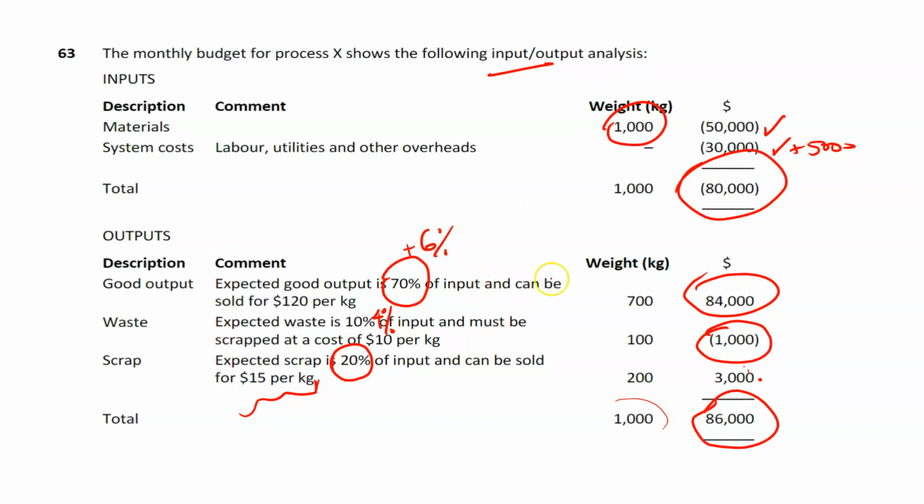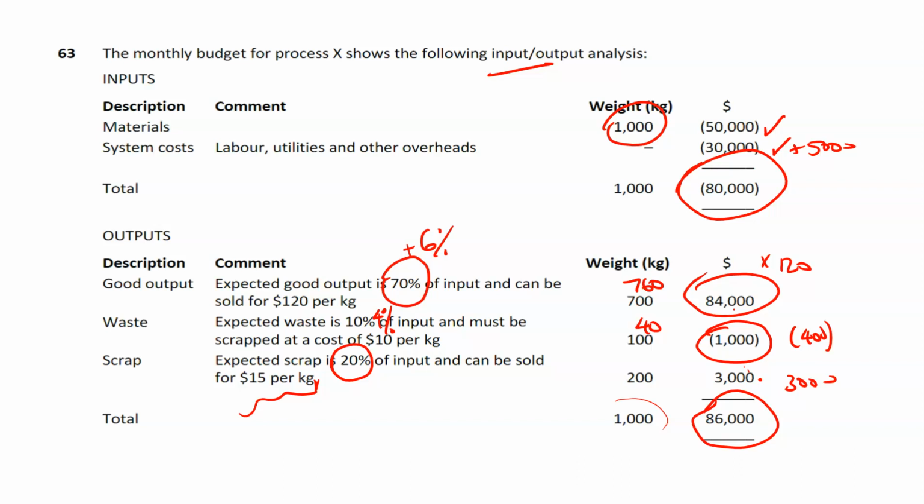So ultimately, I now have 760 and 40, and what I want to do is 760 times 120, less 400, and the scrap income has stayed the same at 3,000. So that's the new picture that I have now.